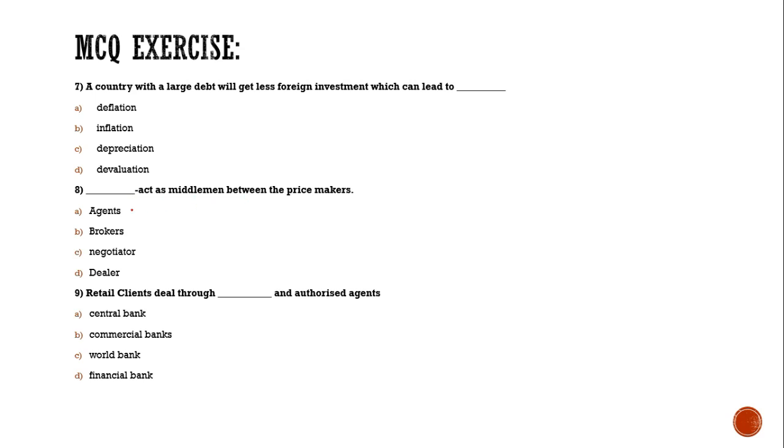The options are agent, brokers, negotiators, and dealers. And the last one, the retail client deals through dash and authorized agents. The options are central bank, commercial bank, World Bank, and financial bank. Again, I'll give you all a couple of minutes to figure out the answers and then we will discuss the answers.